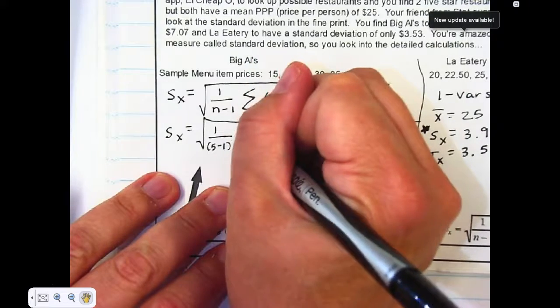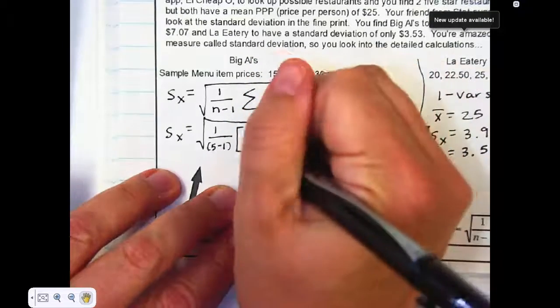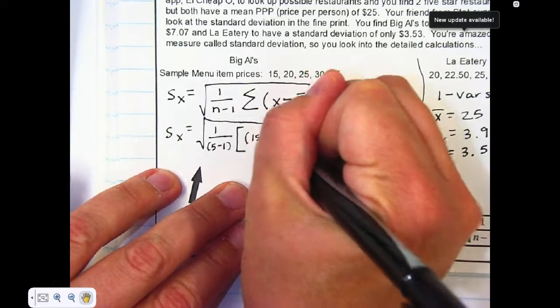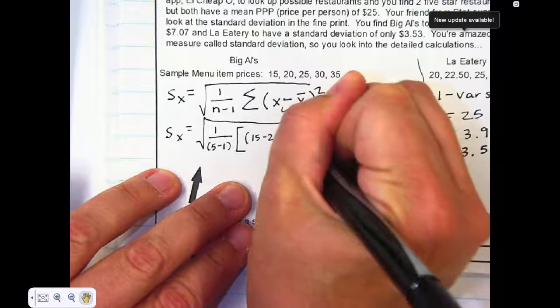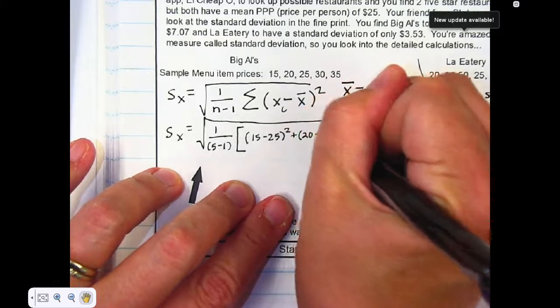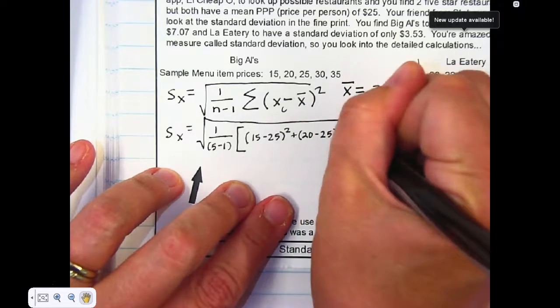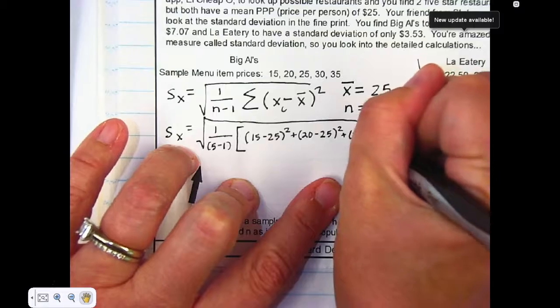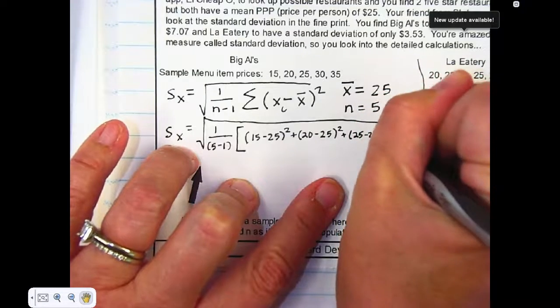So that is going to be times the sum. Now for each of these values, I'm going to do 15 minus 25 squared plus 20 minus 25 squared plus 25 minus 25 squared.